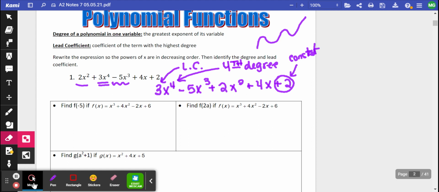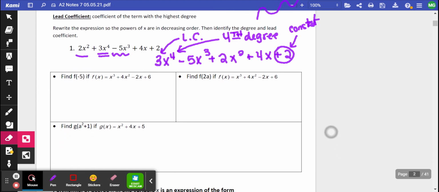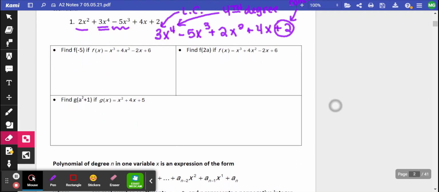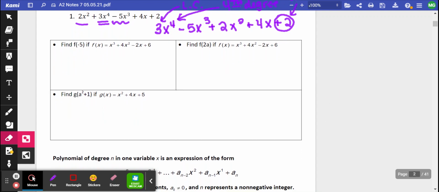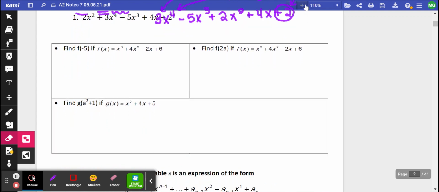Okay, so let's move along. And this is just a little refresher for you. Remember, when we're doing a problem like this, where it says, calculate f of negative 5, all we're going to do is take that negative 5 and substitute it in. So when we do f of negative 5, we do negative 5 cubed.